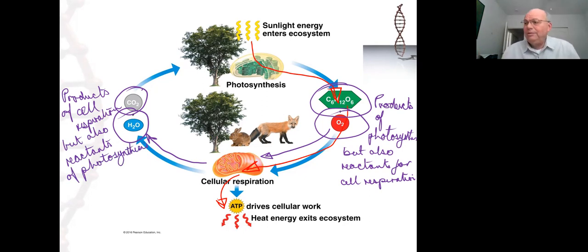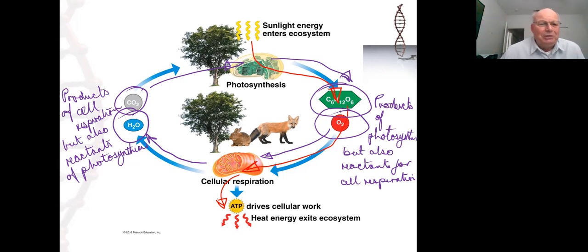We can put in here that these are the products of cell respiration, but they are also the reactants for photosynthesis. So they become the reactants for photosynthesis, which in turn produces our organic molecules and oxygen as the products of photosynthesis. So there's the chemical recycling.